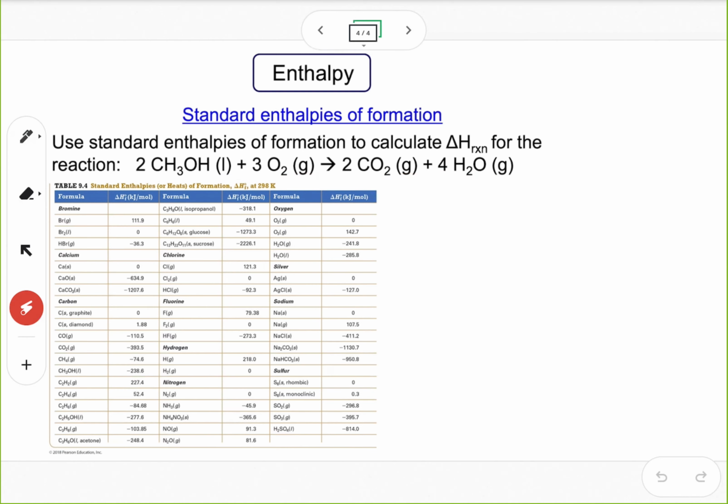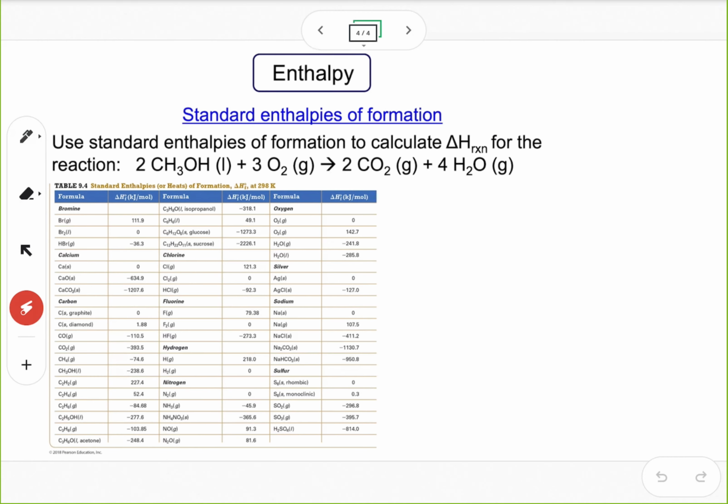But here I want to show you that by using the data from this table, we can just do calculation to find out the delta H reaction associated with this reaction. In other words, instead of doing experiments, you can just do calculation to find out the delta H reaction for a particular reaction.